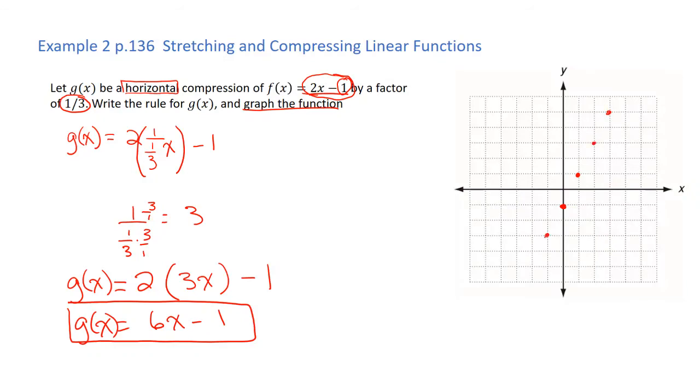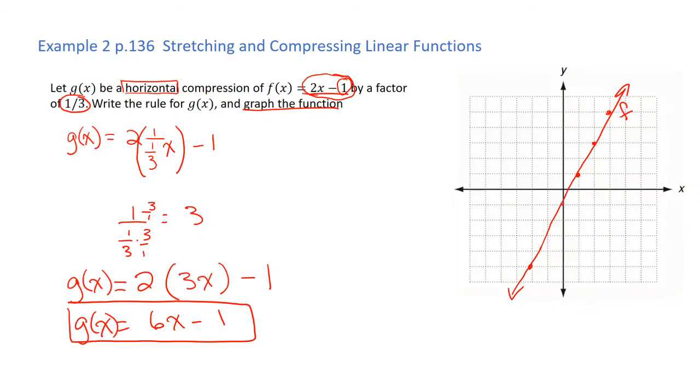We'll go down and down. All right, so here is our original, we'll call this line F. Now our compressed line, which is going to be our g of x, we're going to say y is negative 1.